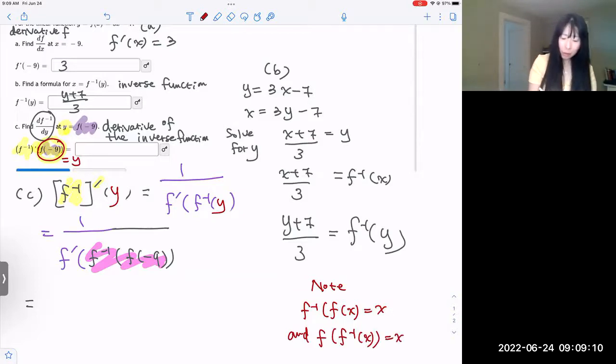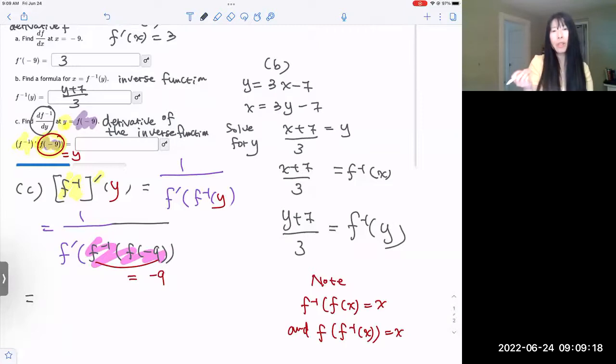Then we can say that this is equal to -9. Or you can work out what f of -9 is, plug in, and then find the inverse of that. But this is easy to calculate.